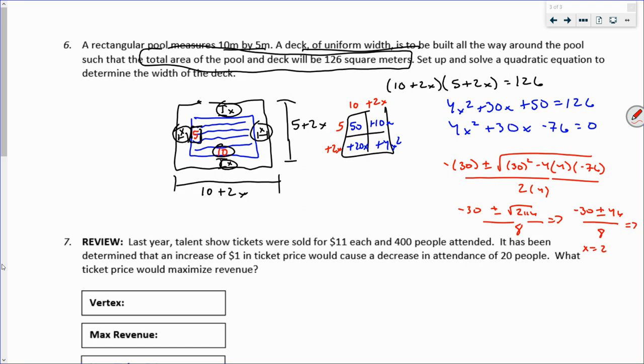Negative 30 minus 46, or negative 76, divided by 8 is negative 9.5. So this is extraneous because you can't have a negative width. That's the width of our deck, which is all that we were asked. Now, some of you went ahead and found dimensions too, and that would have been 14 foot by 9 foot.